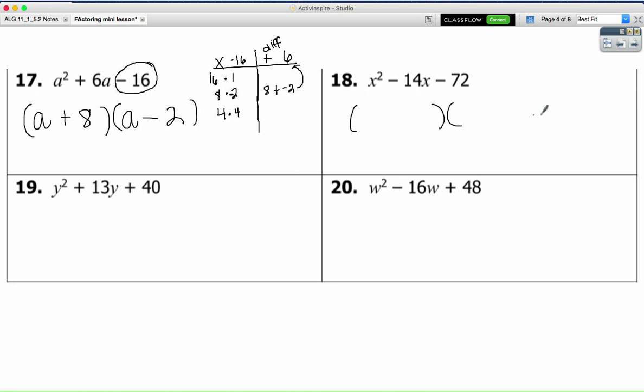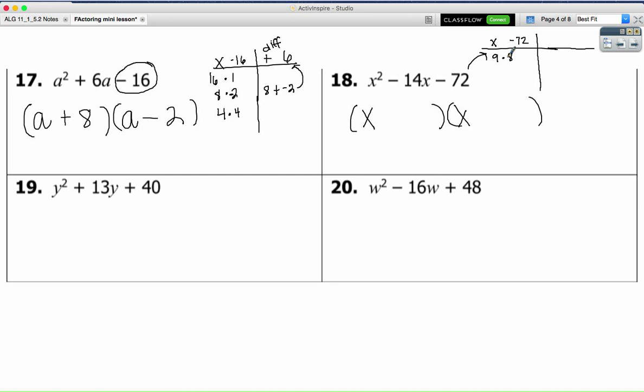Number 18, we've got x times x to get x squared. Some combinations that multiply to give me a negative 72. We'll focus on those first. So the biggest one that jumps out to us is 9 times 8. And so keeping in mind one of those has to be negative.